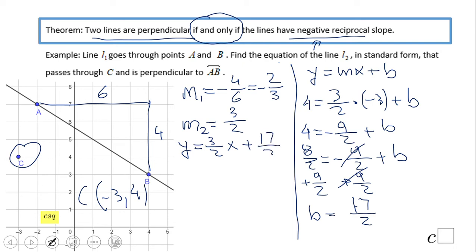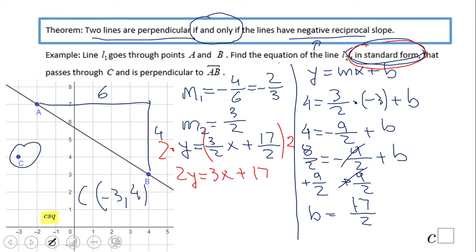Again, we're looking for the standard form. So we need to do something else, which is multiplying by 2 on both sides to get rid of the fraction. And we have 2y equals 3x plus 17, and subtract 3x.